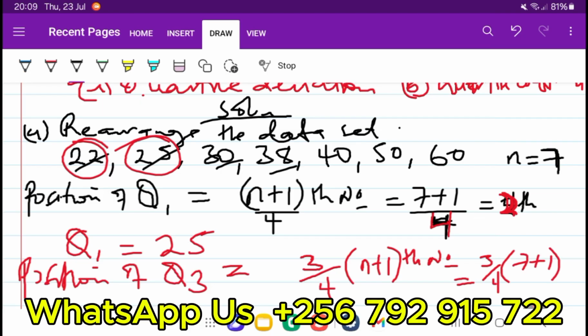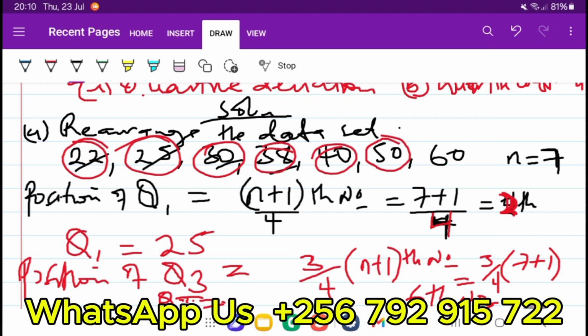Of course, 7 plus 1, that's 8. 8 times 3, then divide by 4. That gives you the sixth number. And the 6th number means the Q3 is actually equal to the 6th number. You count, these are 2, 3, 4, 5, 6.